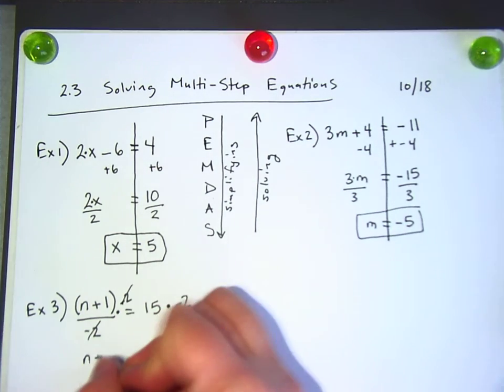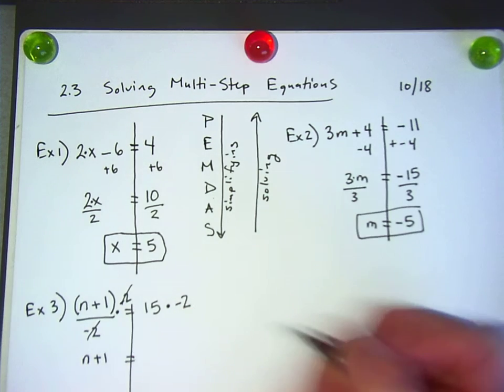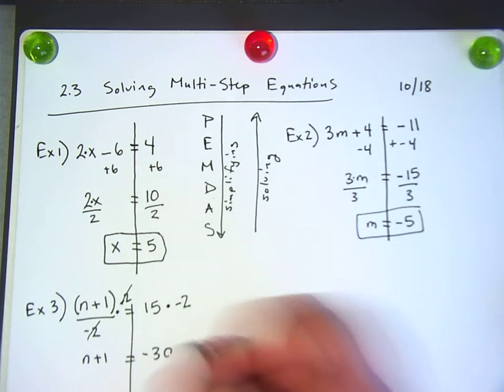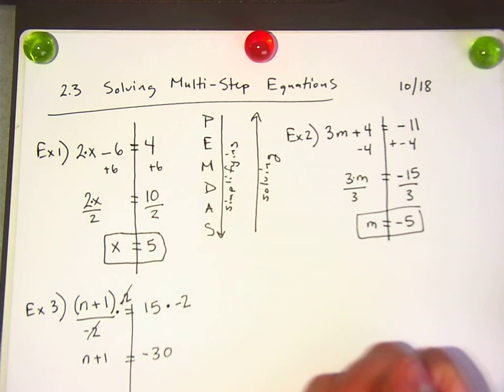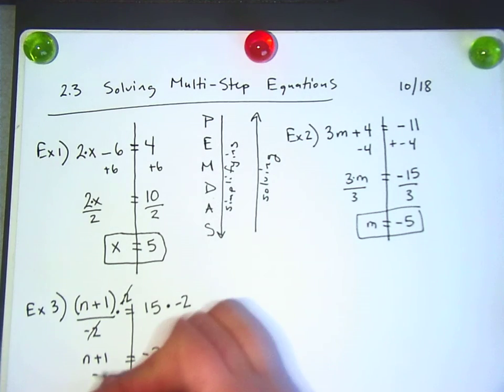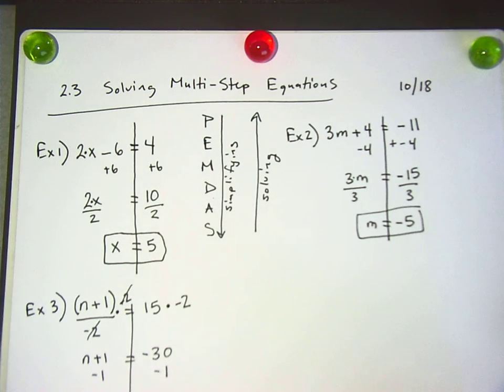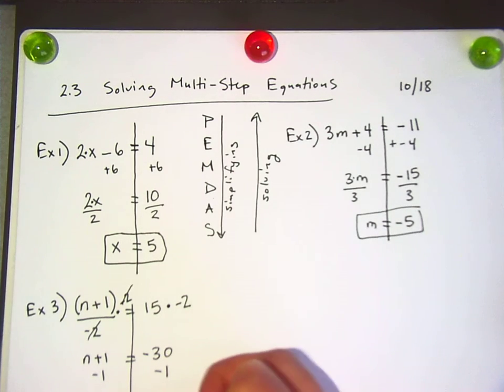So I end up with n plus 1 equals -30. And then to get rid of the plus 1, what should I do? -1 on both sides. So I end up with n equals -31.